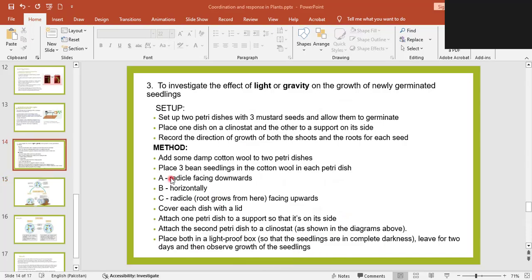Okay, place three bean seedlings in the cotton wool in each petri dish. A, radicle facing down. Radicle means they are talking about roots. This term radicle or plumule you will study in grade 11, in the chapter on development of the organism, as part of germination. So radicle means actually the root part.